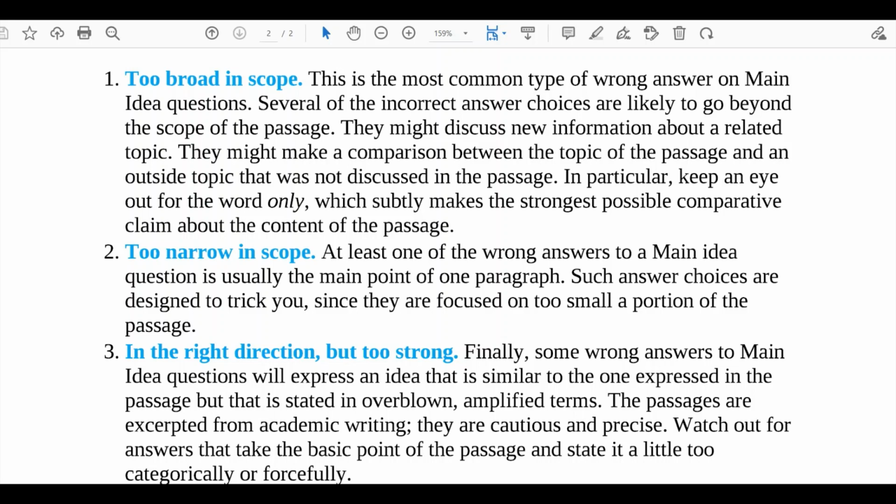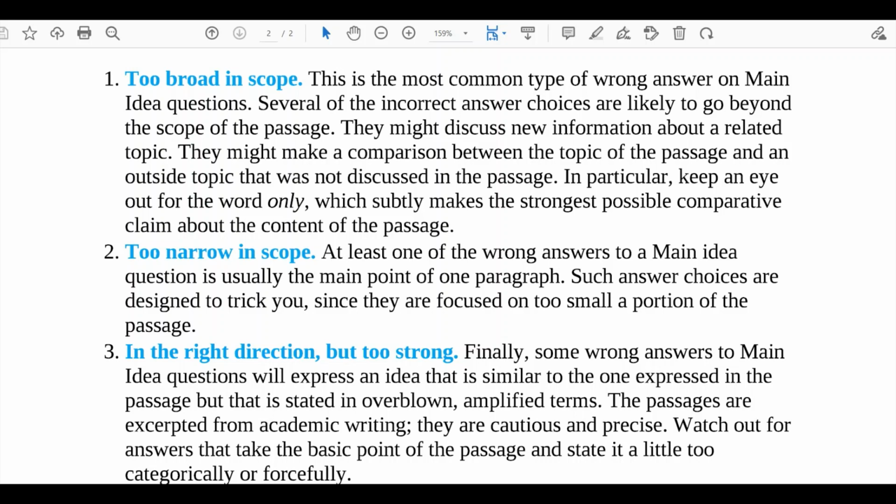They might discuss new information about a related topic. They might make a comparison between the topic of the passage and an outside topic that was not discussed in the passage. In particular, keep an eye out for the word "only," which simply makes the strongest possible comparative claim about the content of the passage.